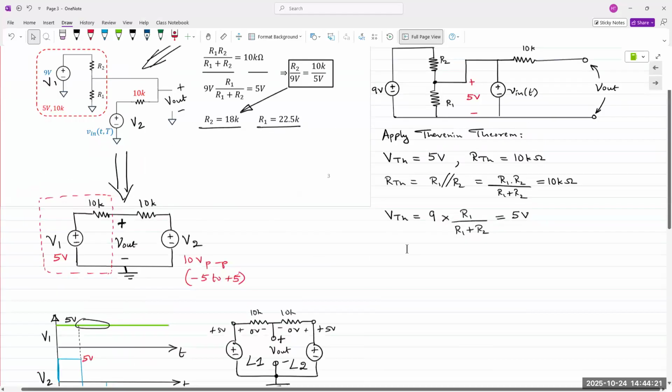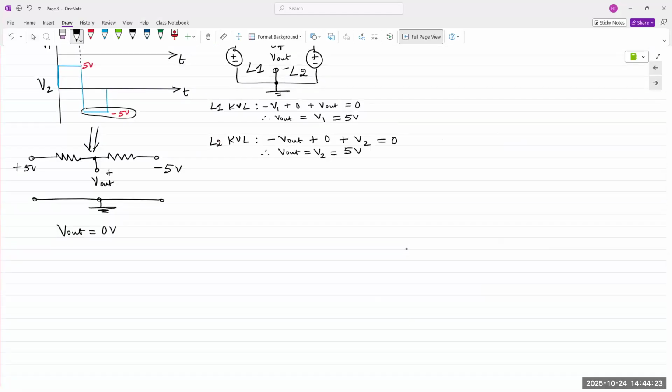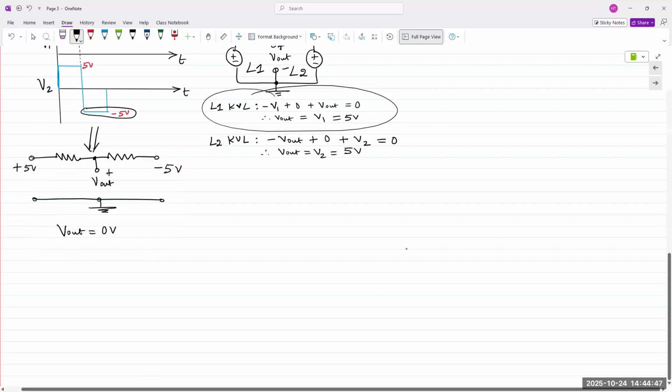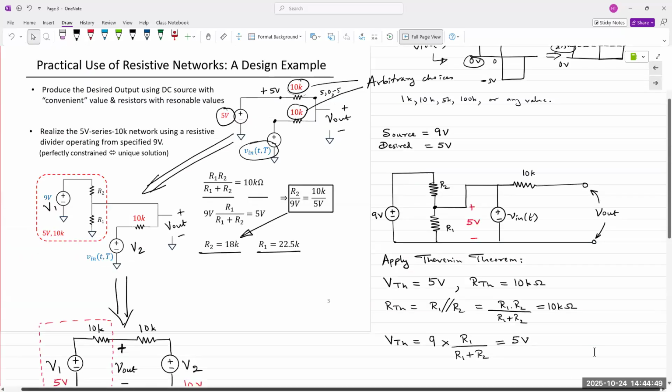You have the KVL expression here, and you have the expression here. So you apply these KVL expressions for both the positive cycle as well as the negative cycle, and you can simulate this for a variety of voltages. All you have to do is change V1, right? The equation is already there. All you got to do is change the value for V1, and you can calculate the output. You can also calculate the current, right?